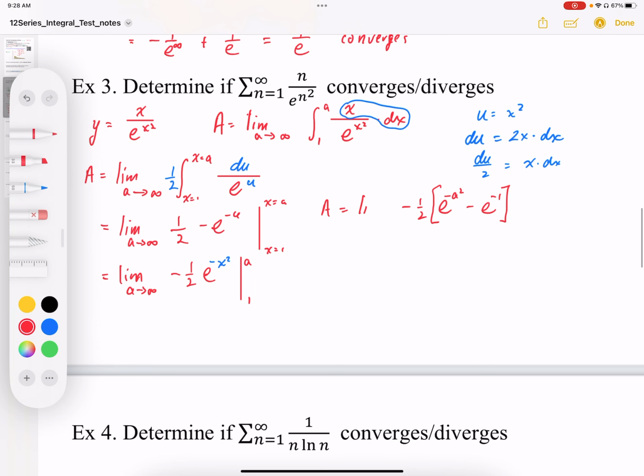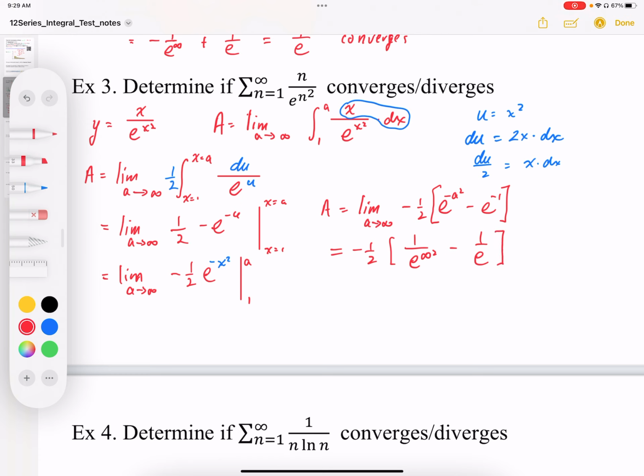So the limit as a approaches infinity, and then I'm going to plug in my infinity. So negative 1/2, and that negative power ends up in the denominator, so 1 over e to the infinity squared minus 1 over e.